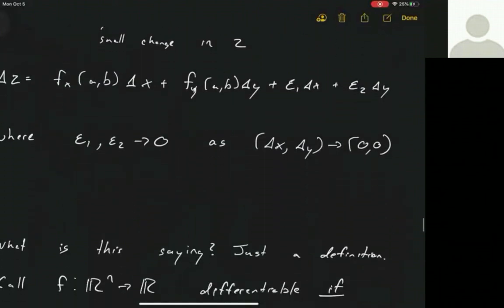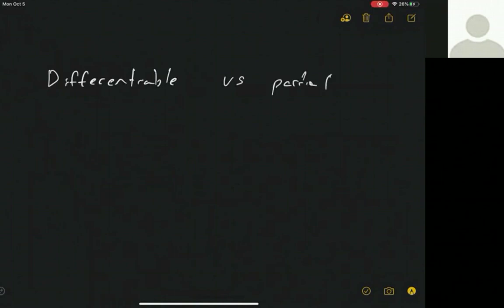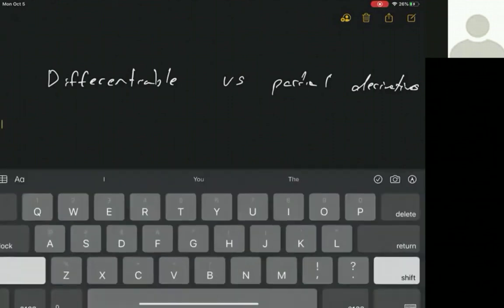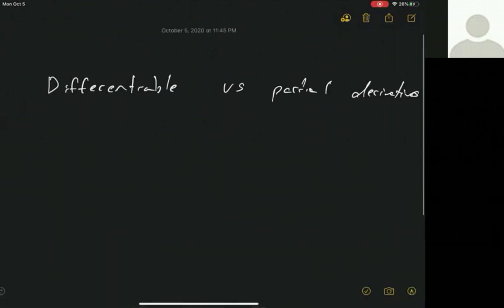Okay, and let's talk about the difference between differentiable versus partial derivatives. These are related concepts, but differentiable is saying more. If we say partial derivatives exist, that means the derivatives in the directions fx, fy.